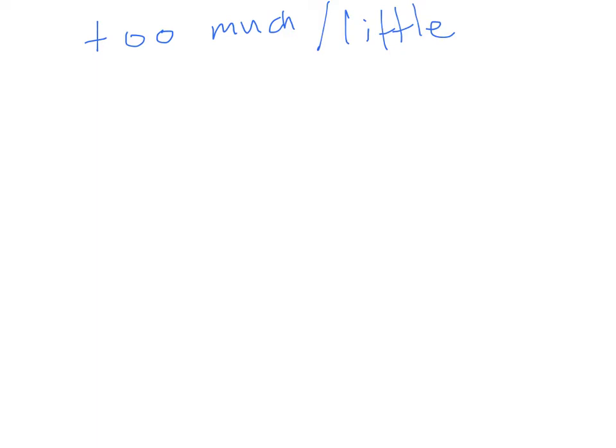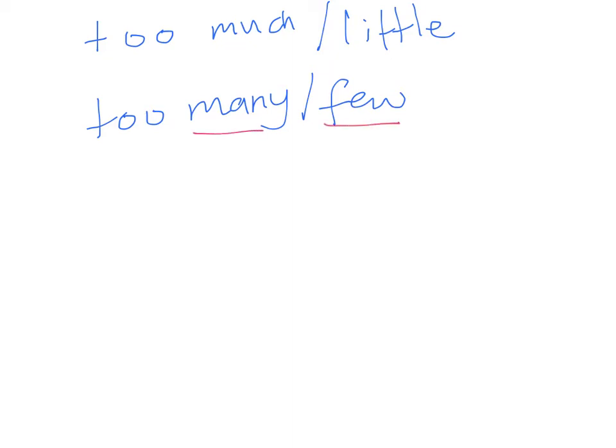Or we use too many and too few للمعدود. أقل من اللازم أو أكثر من اللازم للمعدود حسب اللي بعده. Or too much أكثر من اللازم لغير المعدود و too little أقل من اللازم لغير المعدود.